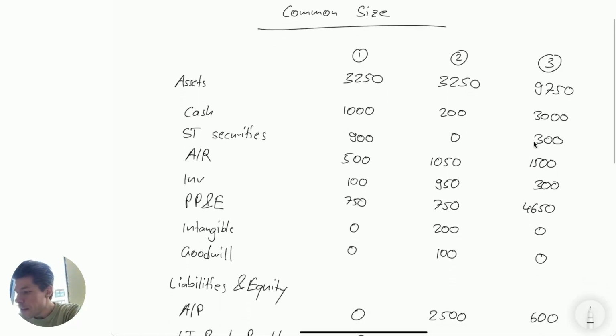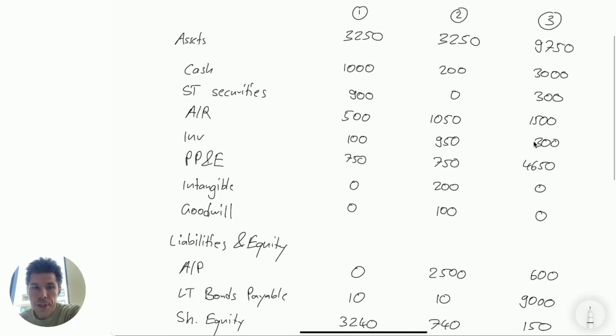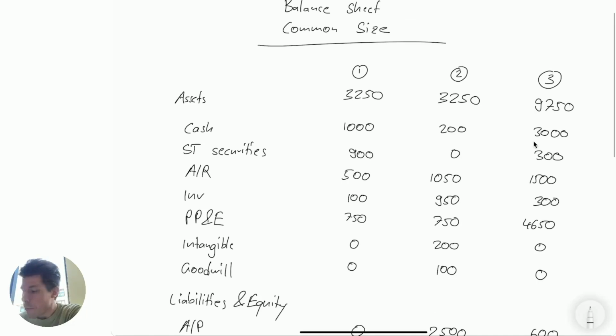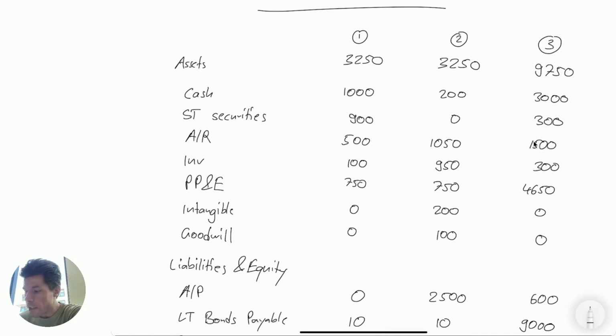Here you see an artificial balance sheet of three hypothetical companies, company 1, company 2, company 3. You see the first items here around assets.